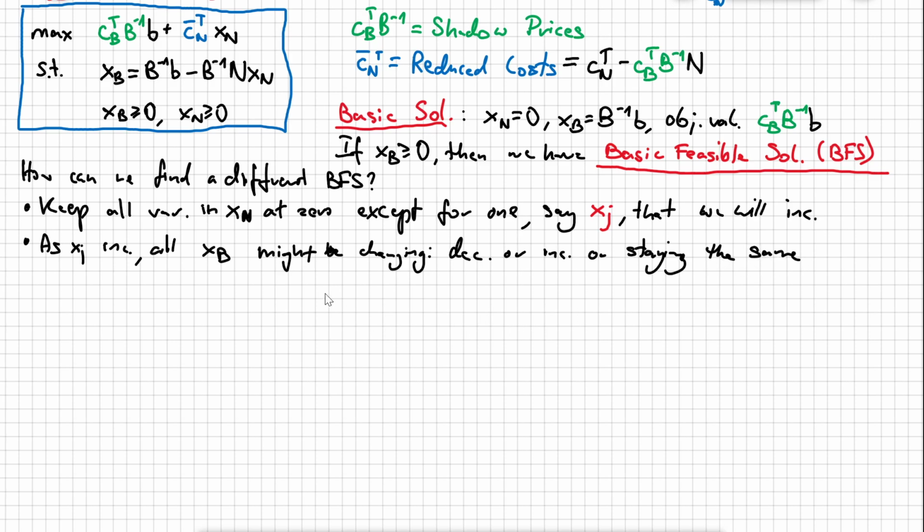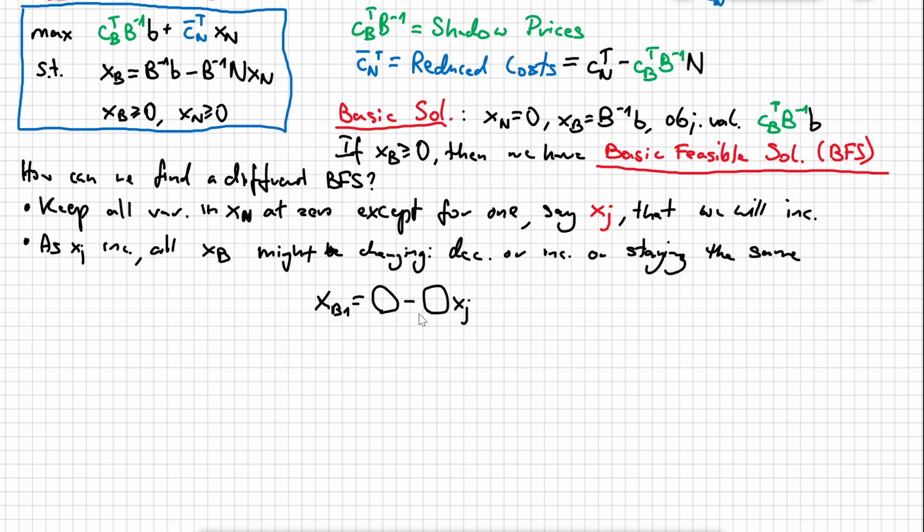So it depends. If you think about all of those variables inside xb, each of those variables, let's call it xb1, will depend on a constant that comes from this first term here, and there will be minus or plus some value times this xj that we're increasing.